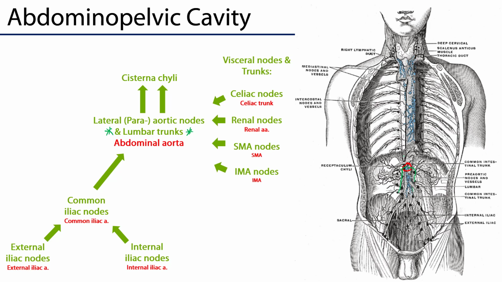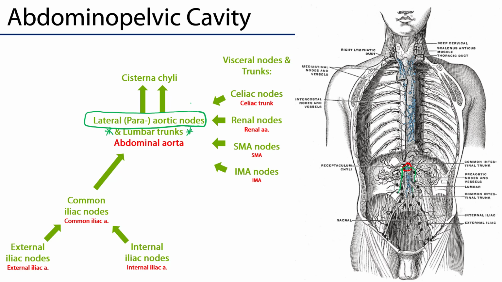Now, associated with these lumbar trunks are lateral aortic nodes, also known as para-aortic nodes. So any lymph nodes along the lumbar trunks are lateral aortic nodes.